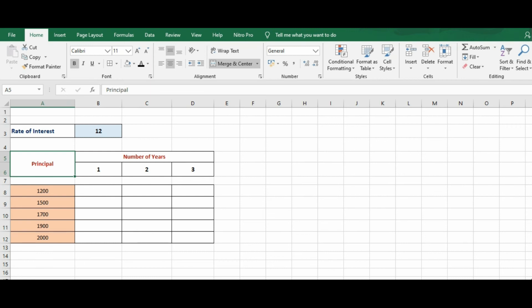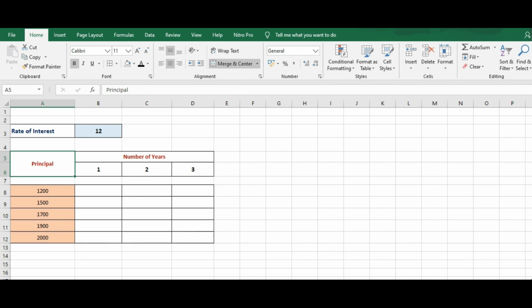In that case, we need to use absolute referencing for either a row or a column. Absolute referencing of a column will not change the column, but the row will change relatively. In the same way, with absolute referencing of a row, the row reference is fixed, but the column reference will change relatively. This is basically mixed referencing, which is a combination of absolute referencing and relative referencing.